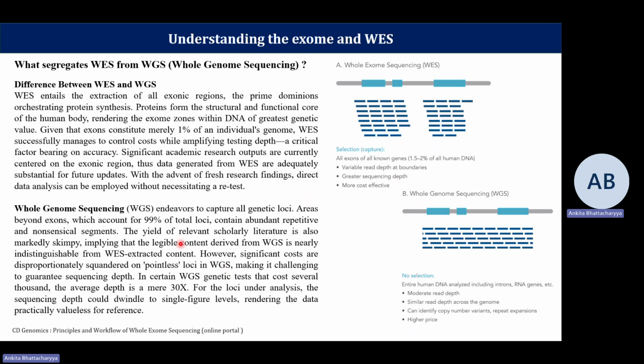One of the major subsets of information that is completely missed out on, or is not very reliable, when we talk about whole exome sequencing is information on structural variants. Why is that important?